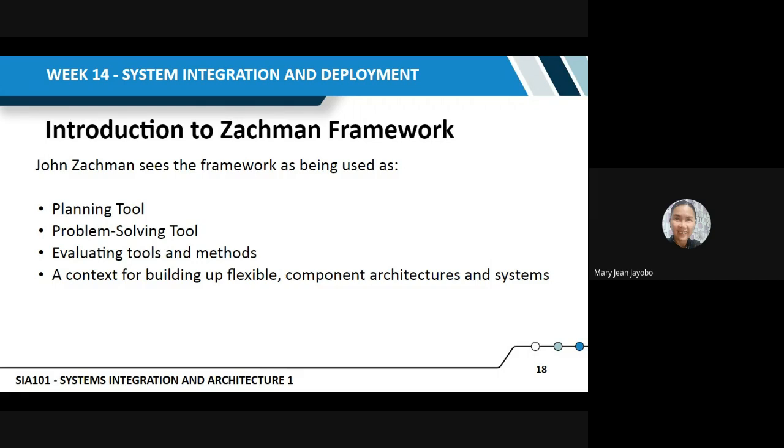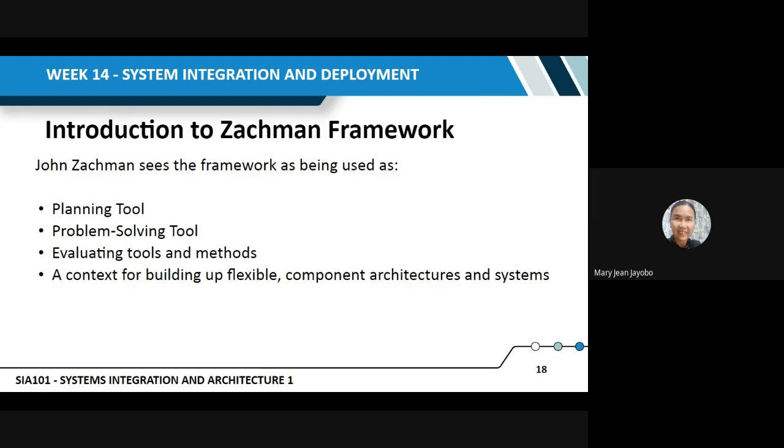All methods by mapping them to the framework and therefore providing a neutral way of cataloging what they do and do not support. So nakikita, nalalagay mo na dyan, ano yung mga tools na kakailanganin and what are the things na the tools na hindi at ano yung system na hindi pwedeng, that cannot be supported by the business, no?